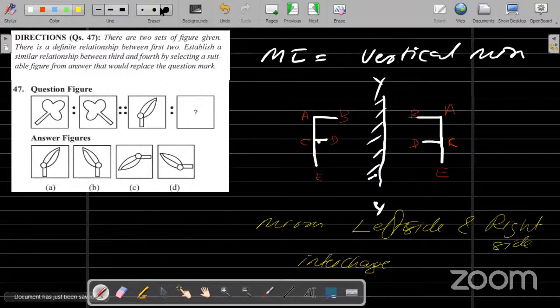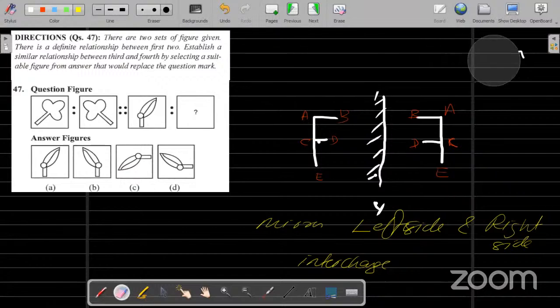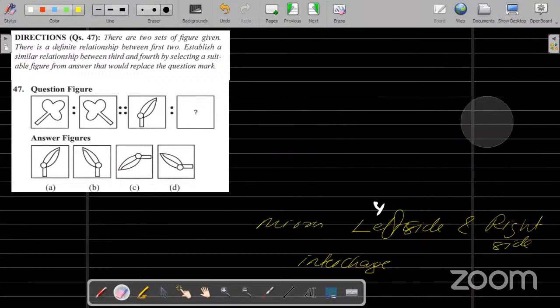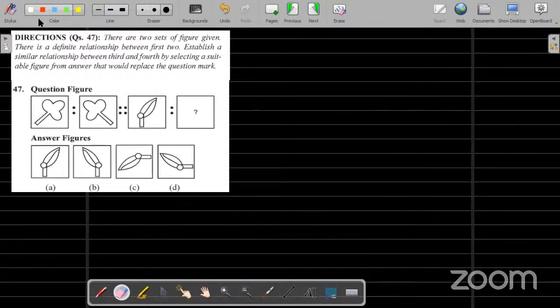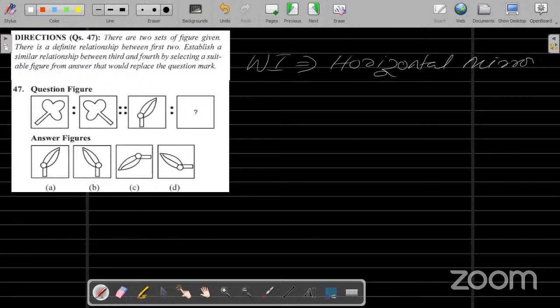Okay. Now, water image. Now we'll think of water image. Water image means an image taken on a horizontal mirror. There the mirror is kept horizontal.